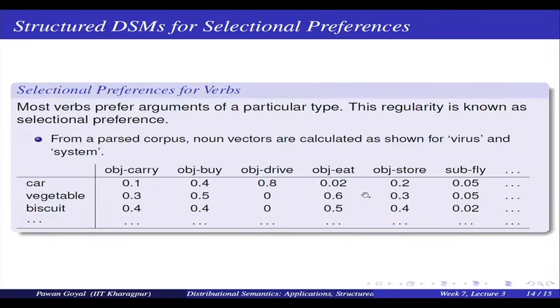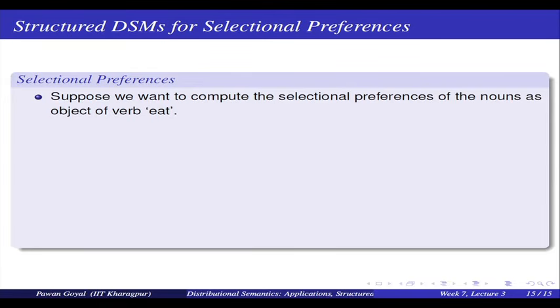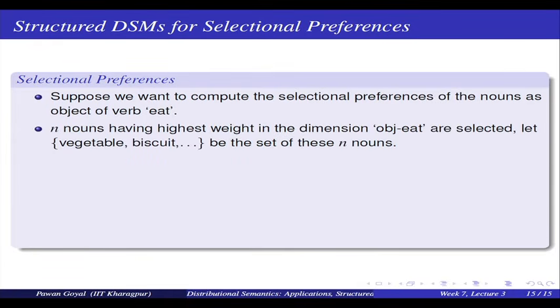Okay, so then I will find out all the other words that have high weights in these dimensions other than eat, because whatever has a high weight in eat I can easily capture here, but what are the other words that have high weights in all these other dimensions? That also can become my prototype. So what will we do? Suppose I want to compute the selection preferences of nouns as object of the verb eat. I'll take some top n words, like vegetables and biscuit, that have high weight in this dimension of object eat.